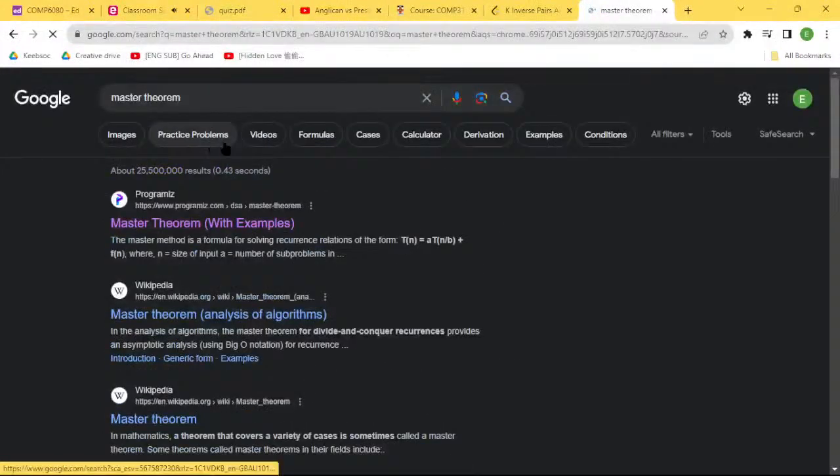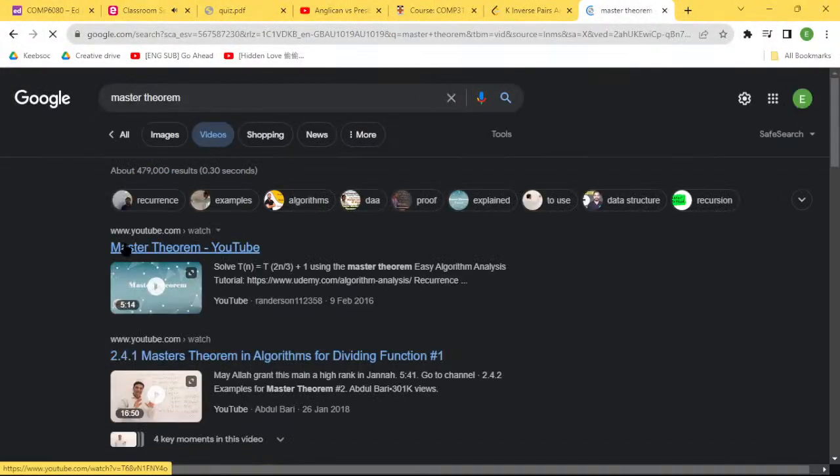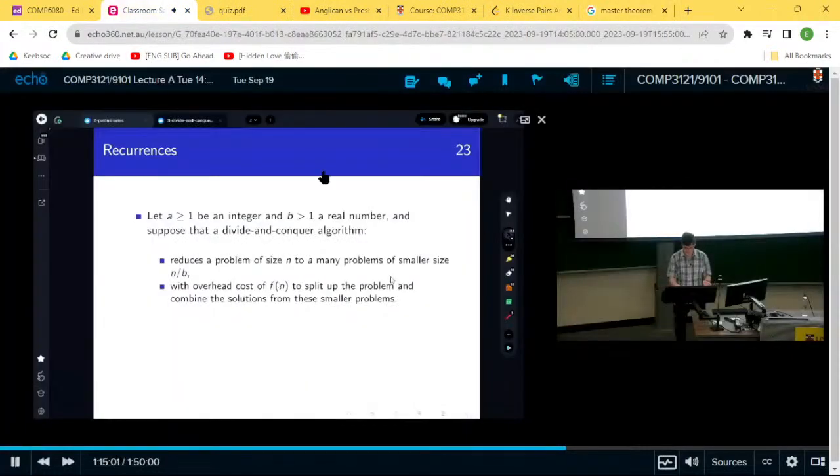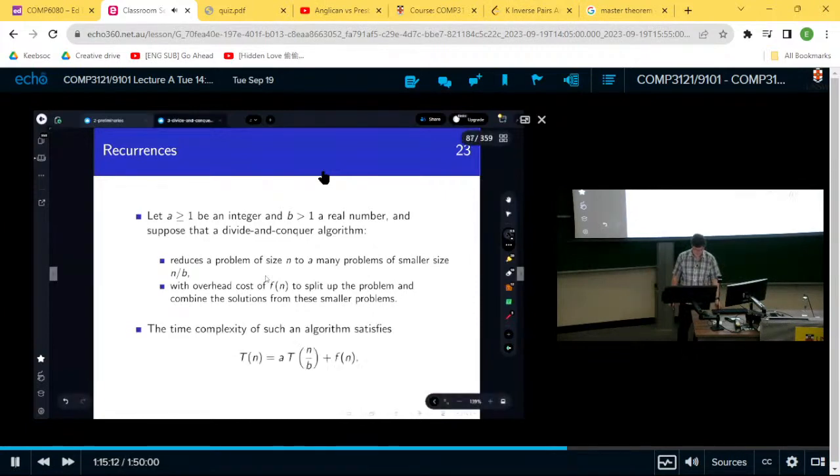The function that we use to split the problem into subproblems and then combine the solutions from the subproblems into the solution for our big problem takes time f of n. So that's our generic recurrence.